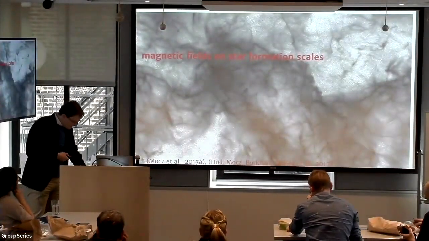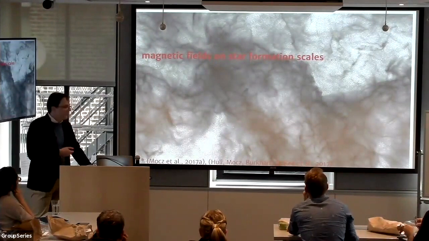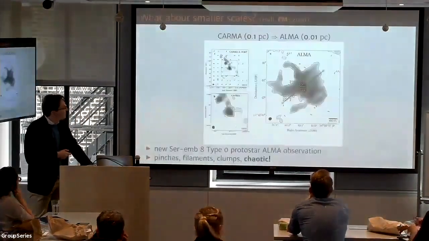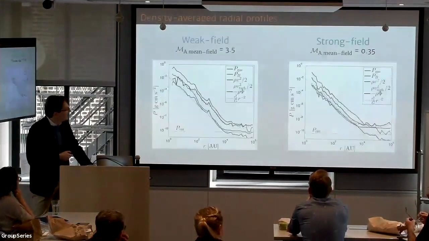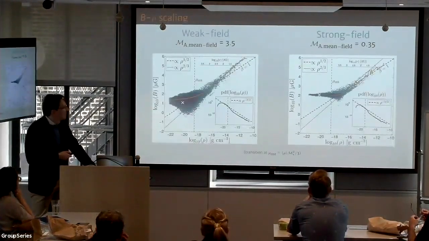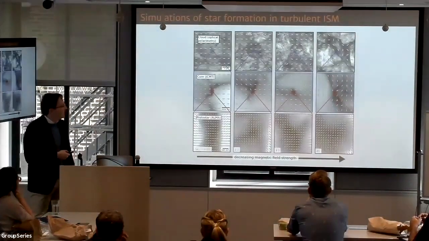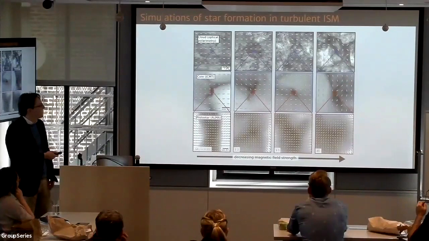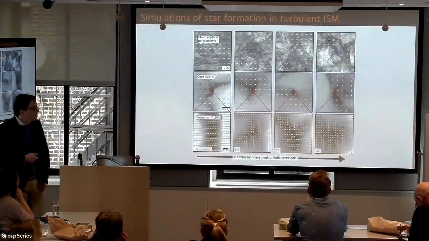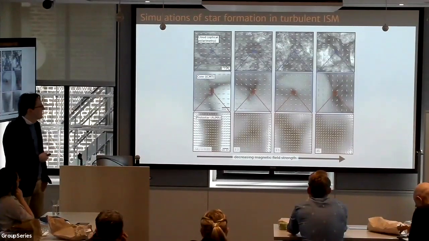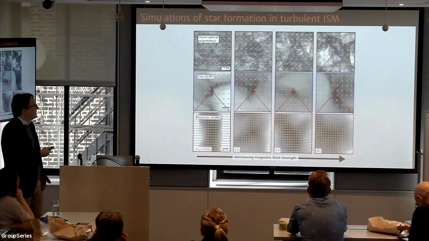Let me check on time. In the interest of time, I'll skip some of the applications to other systems. I'll just point out that we've applied this method not just to cosmological simulations, but also to the study of star formation and turbulence. Here, in these supersonic regimes, we can have a turbulent box.